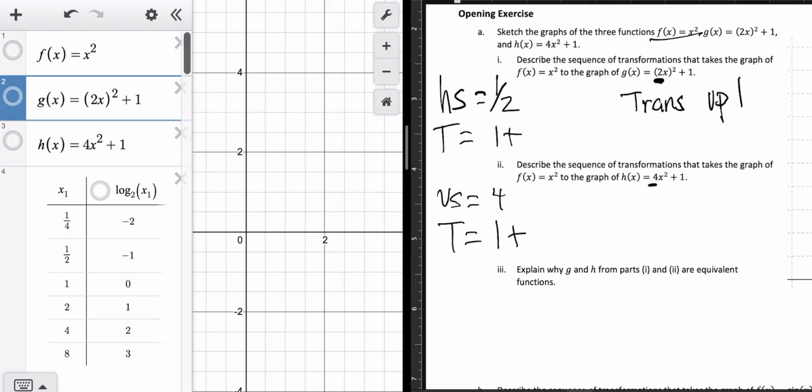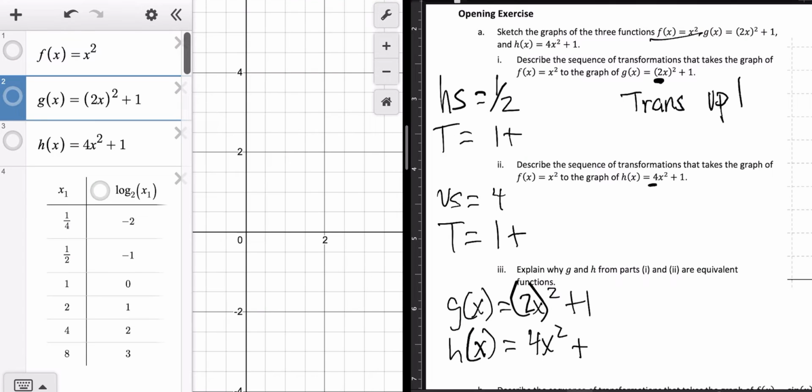All right, so it says explain why g and h are equivalent functions. Well, the best way to explain that they're equivalent functions, I guess, would be to just do it. Let's just do it here. g of x is equal to 2x squared plus 1. h of x is equal to 4x squared.